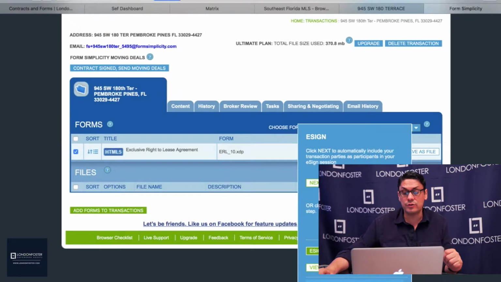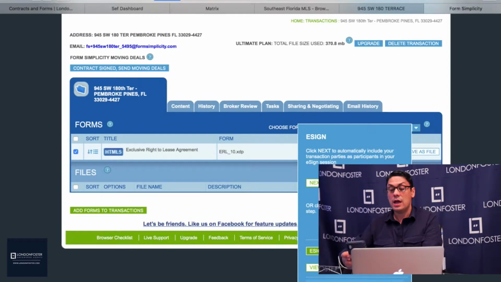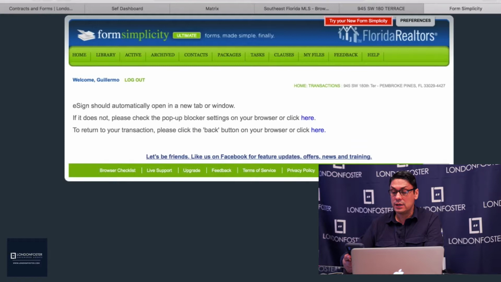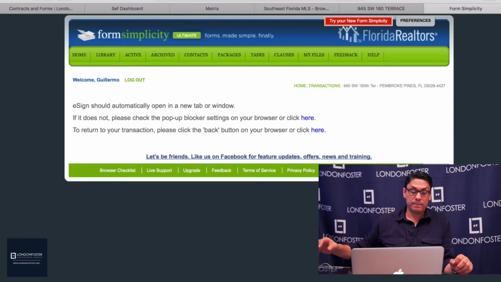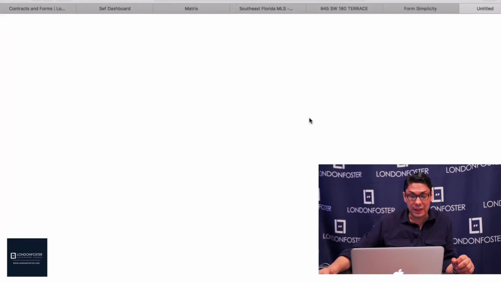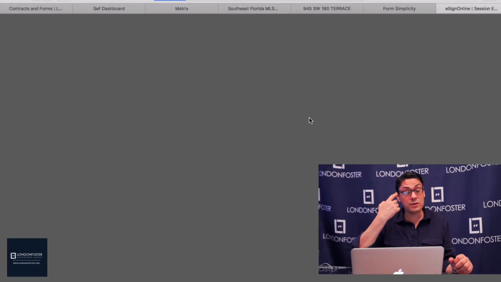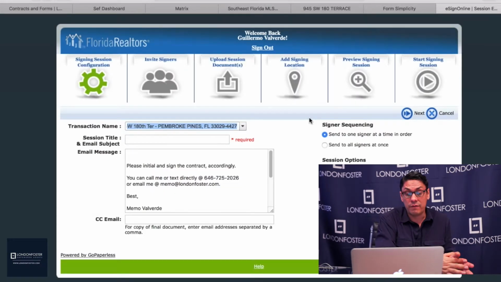I like to create a new session. You want to make sure you open up a new session, and it's going to take you to a screen that is going to request that you advise it. Here it says, if this is not open, click here. So you click on that, and this takes you to the e-sign section of the contract.